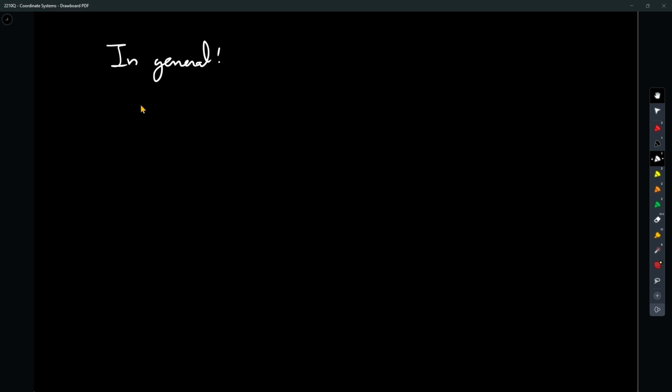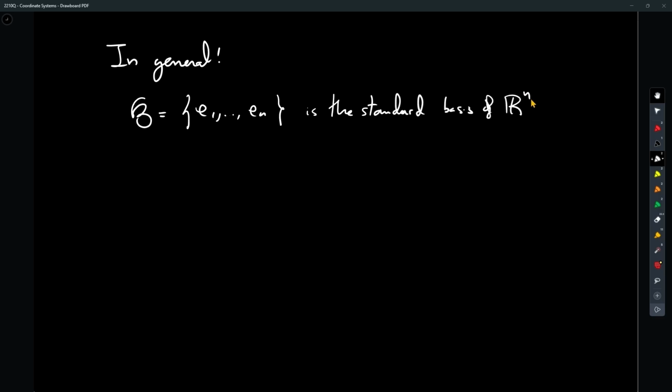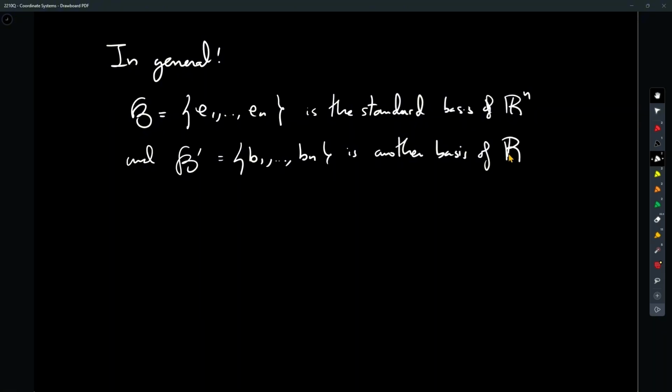So in general, if I have a basis E1 through En, the standard basis of Rn, and B prime, B1 through Bn, is another basis of Rn, then we put a matrix A with respect to this new basis that has as columns the vectors of the basis B prime.